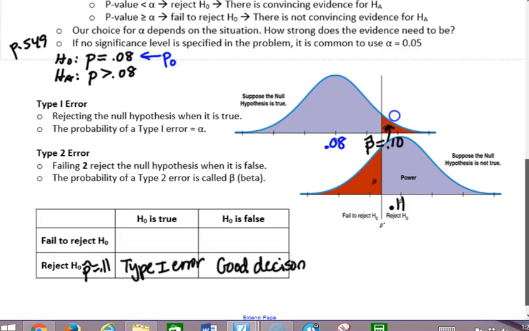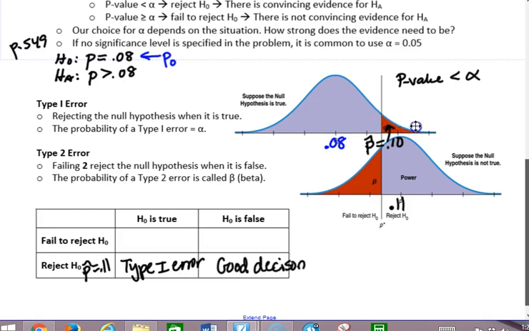Now, how often am I going to make a type 1 error? Well, I'm going to reject the null hypothesis when my p-value is less than alpha. So if my alpha is 5%, and the p-value associated with this sample proportion is like 4%, I'm going to reject the null hypothesis.